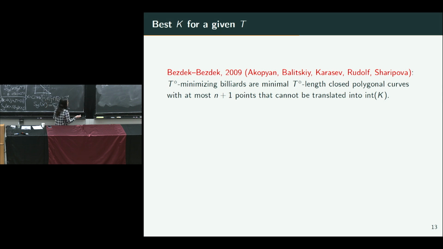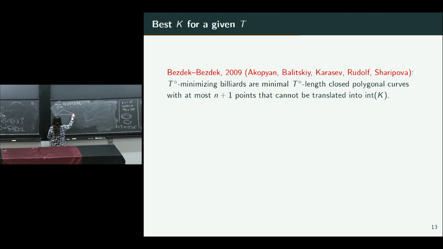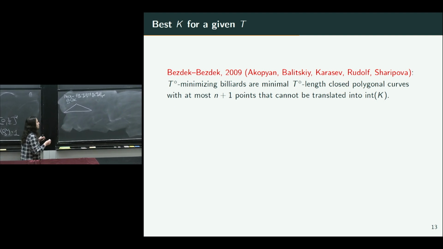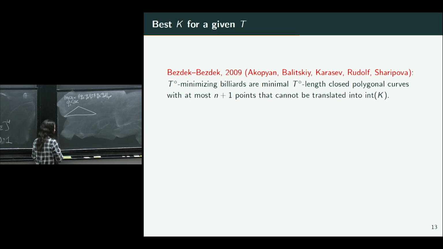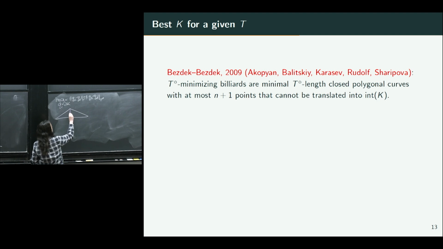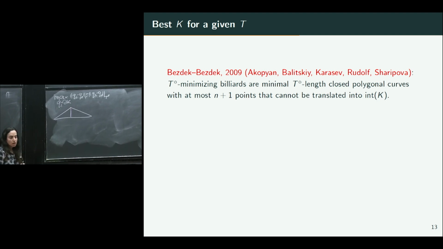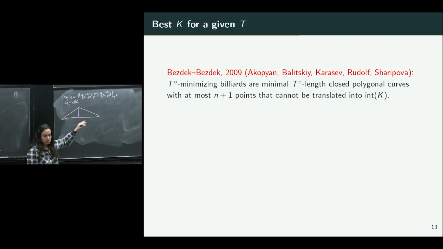So, for instance, if I have a triangle with an angle larger than 90, then if I look at the minimal billiard trajectory, it cannot be translated into the interior, and this would actually be the minimizer billiard with the standard one.